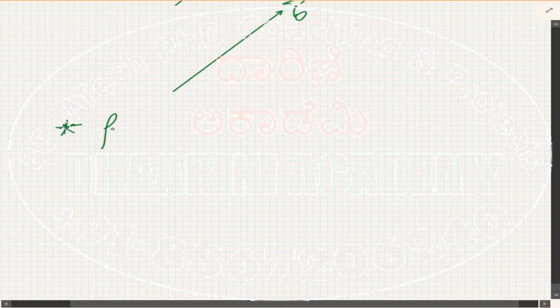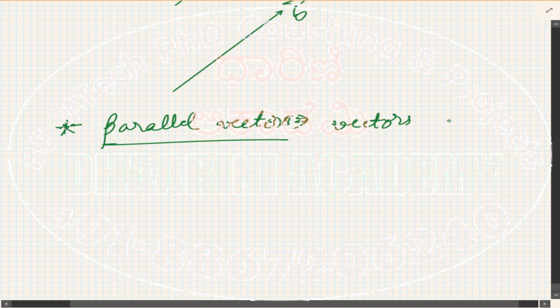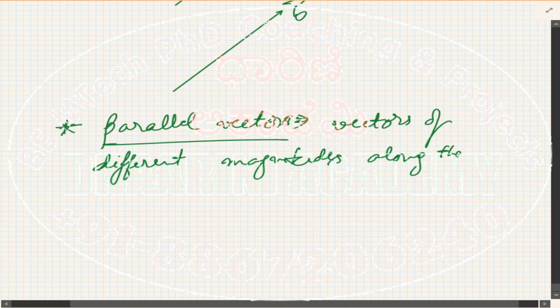Then we have parallel vectors. So parallel represents the vectors, there are multiple vectors which are pointing to the same direction, but they are of different magnitudes, right? Vectors of different magnitudes along the same direction.